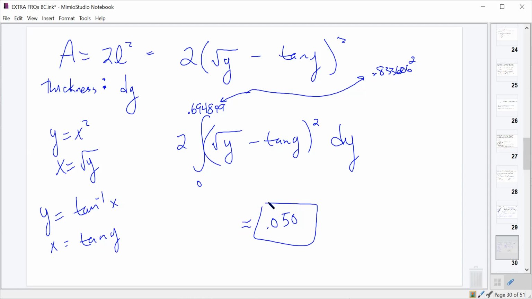All right. Anybody have anything else in particular that they want to go through? A tricky related rates one.